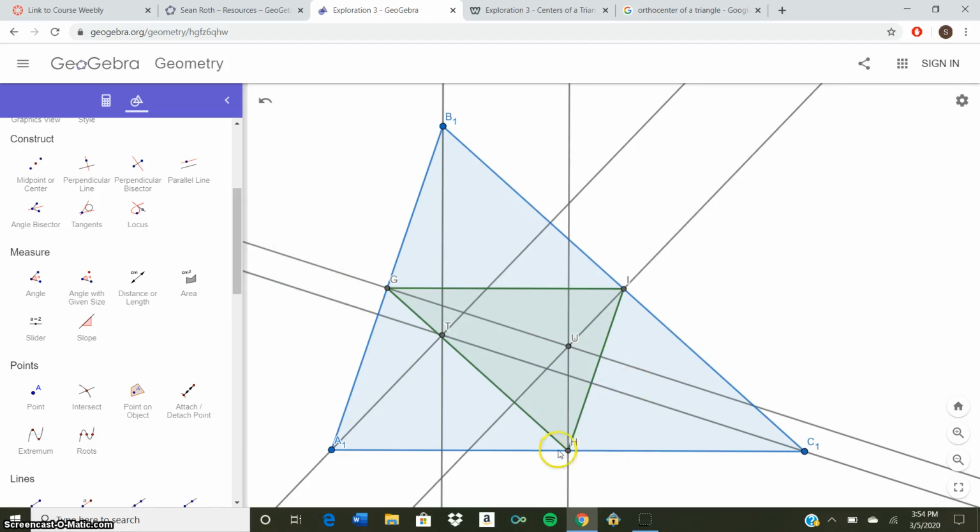Now, we see that because GI runs parallel to A1C1. So, since these run parallel, their perpendicular lines are also going to run parallel. And this is the same for B1C1 and GH, and also HI and A1B1.